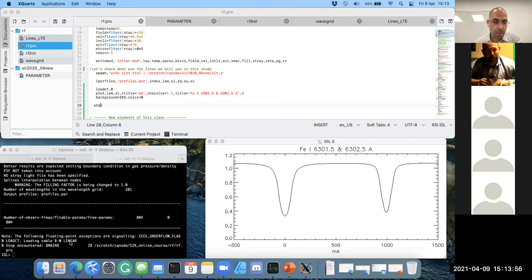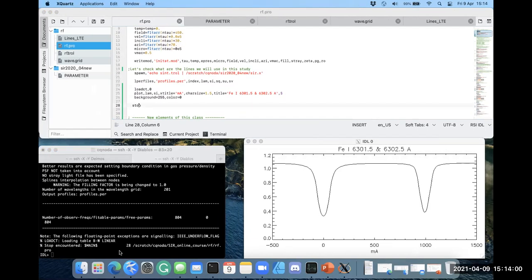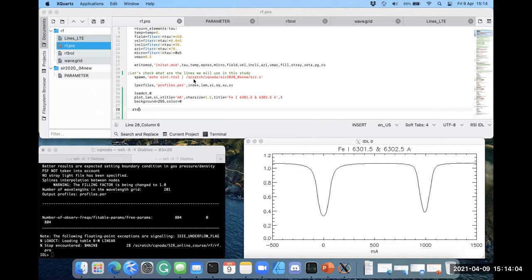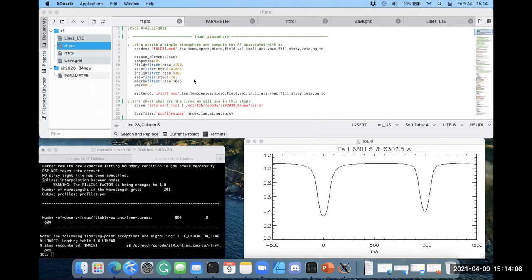Okay, so the idea is, why am I doing this? Because, as I said before, the response function will give you information of the atmosphere. I mean, the relation between changes in the atmospheric parameters and the impact of those changes on the Stokes profiles.